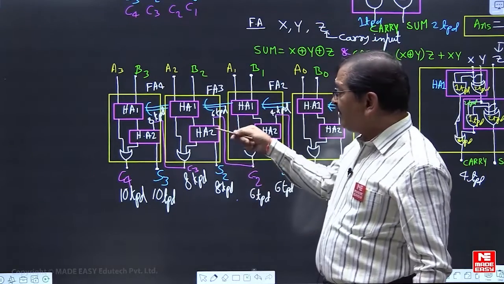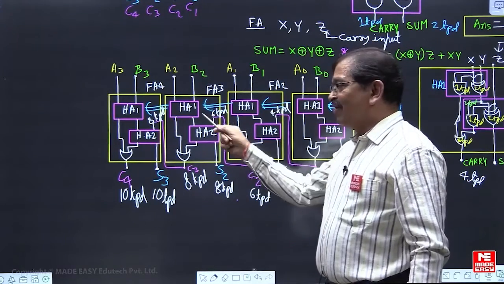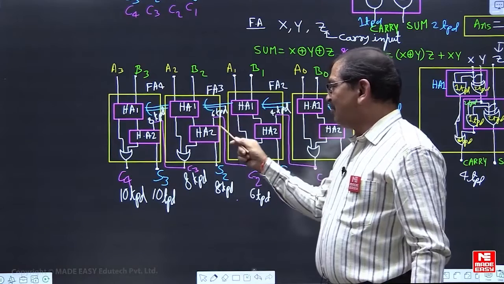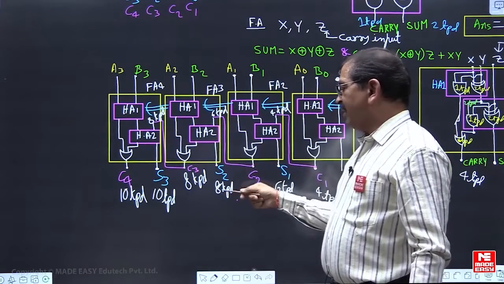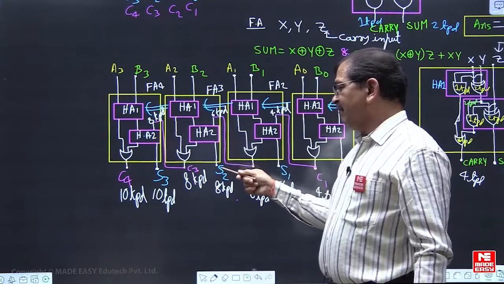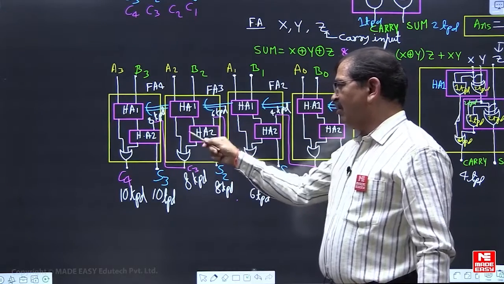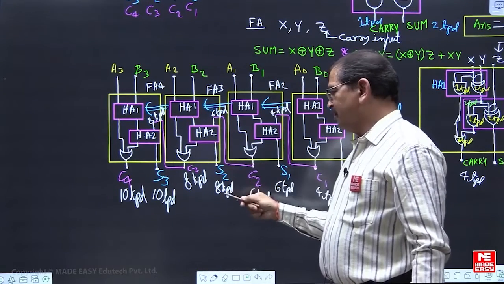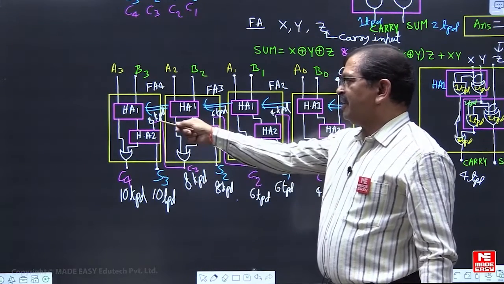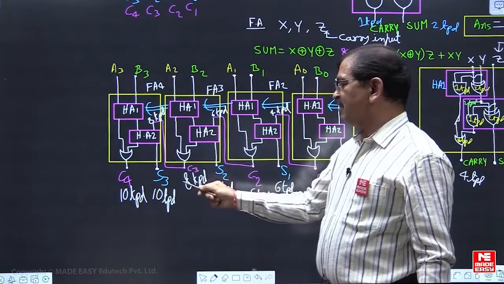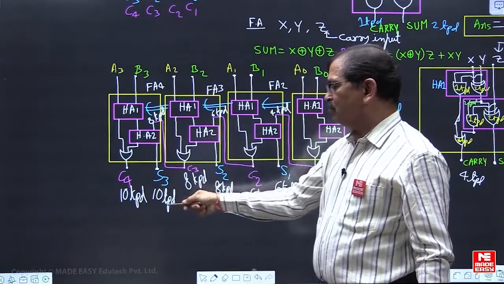This C2 is entering into the half adder 2. It is not giving any effect on the half adder 1. So after knowing this C2, we have the delay for sum and carry from these half adder blocks and OR gate is 2 TPD. So that 6 plus 2, 8. And here full adder 4 gets C3 at 8 TPD, later 2 TPD is added, so 10 TPD.